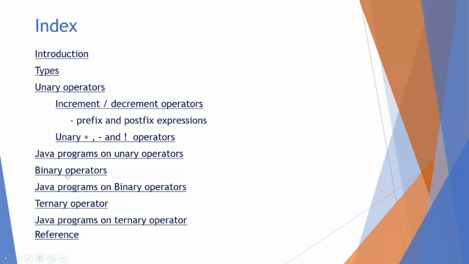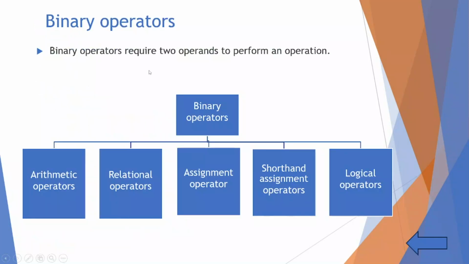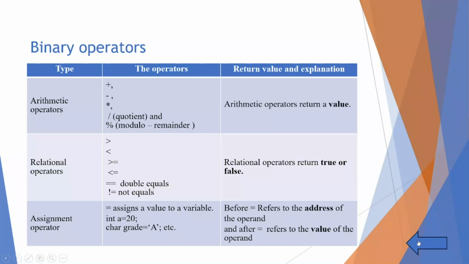Let's understand binary operators. The binary operators are operators which require two operands. So binary, two operands. Arithmetic operators, in this category, relational operators, assignment operators, shorthand assignment operators, and logical operators. 5 types. Let's see what are arithmetic. Everybody knows plus, minus, multiplication, and quotient and modulo.